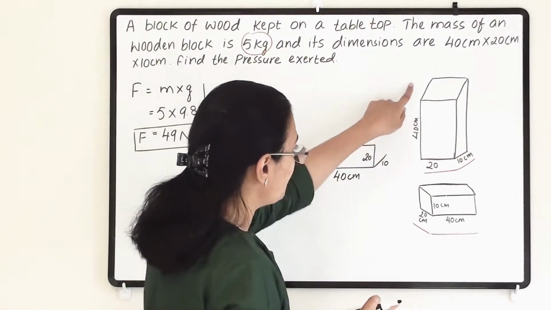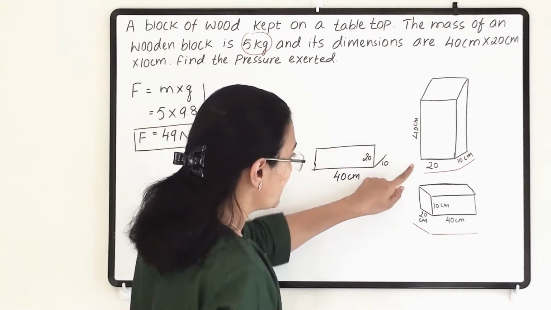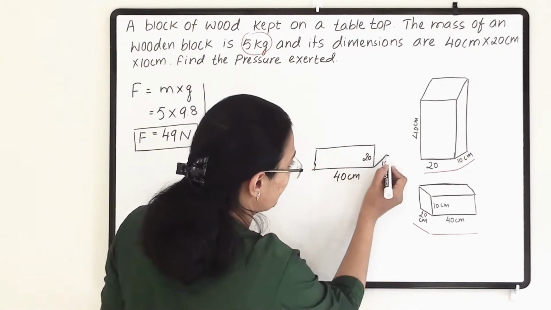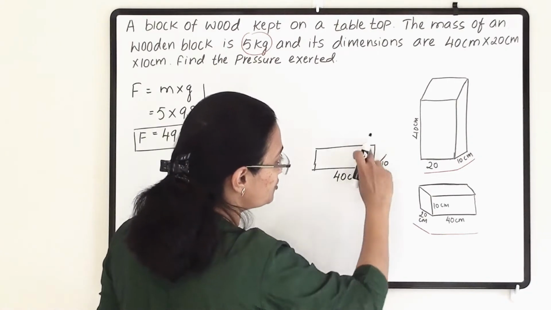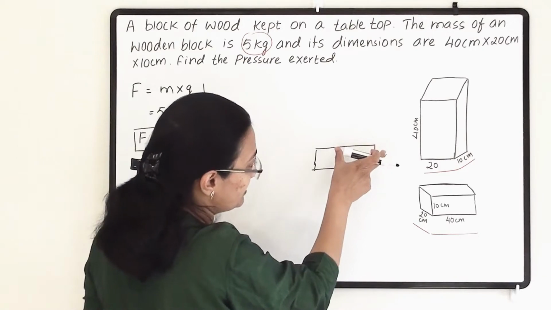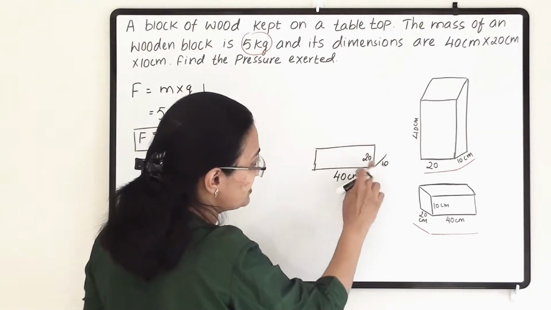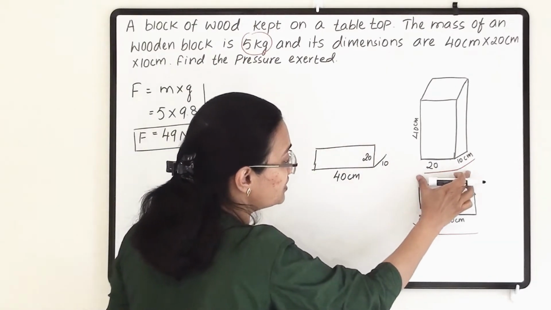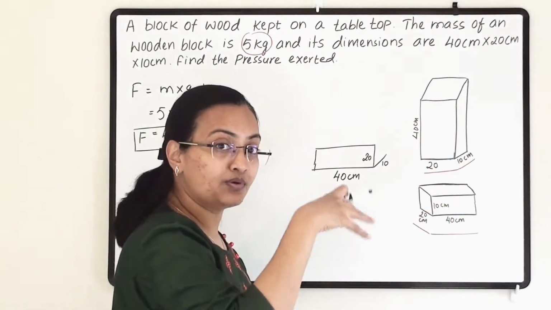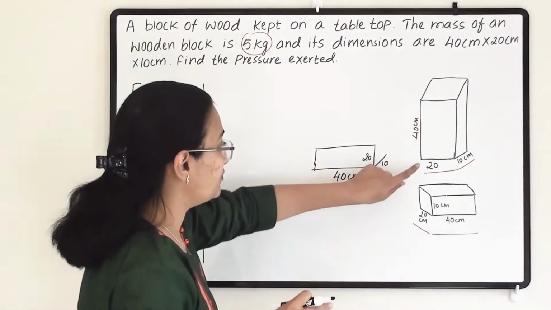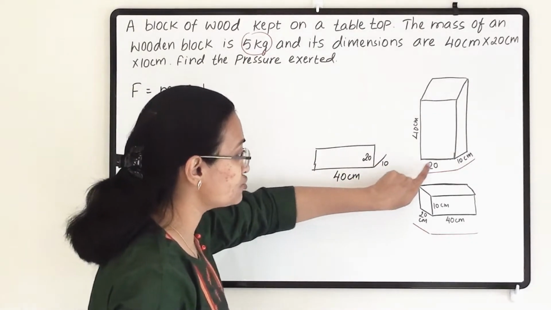Now when we keep it vertically up, the 20 and 10 sides will be touching the tabletop. When we rotate it like this, 20 and 10 centimeter are touching the tabletop, and this area is exerting pressure on the tabletop. So we have to find the area for these two measures.